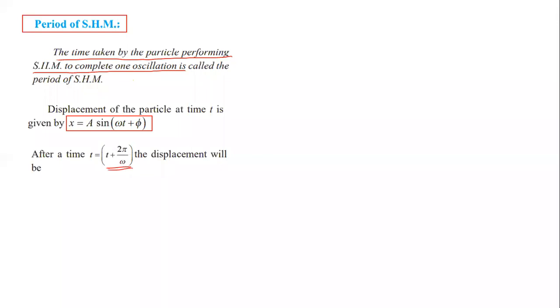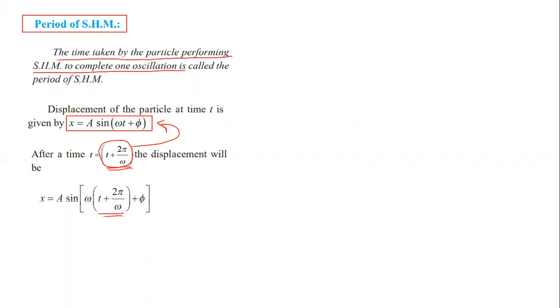Then what is the displacement that we obtain? Let me substitute this value of the time in this equation and we obtain how much is the displacement. Then we get equation x is equal to a sine in a bracket omega, then t plus 2 pi by omega, bracket complete, then plus phi, bracket complete.